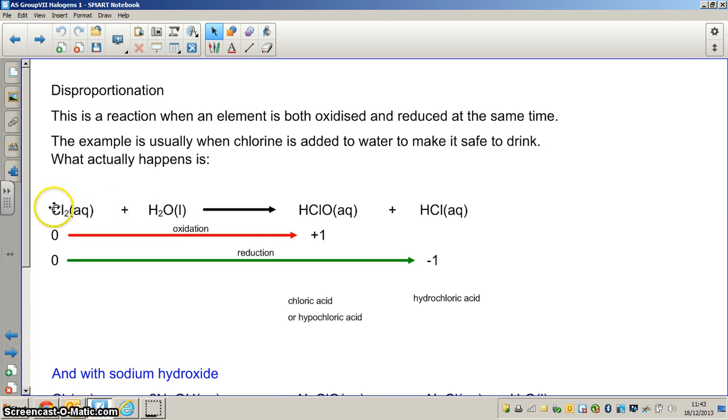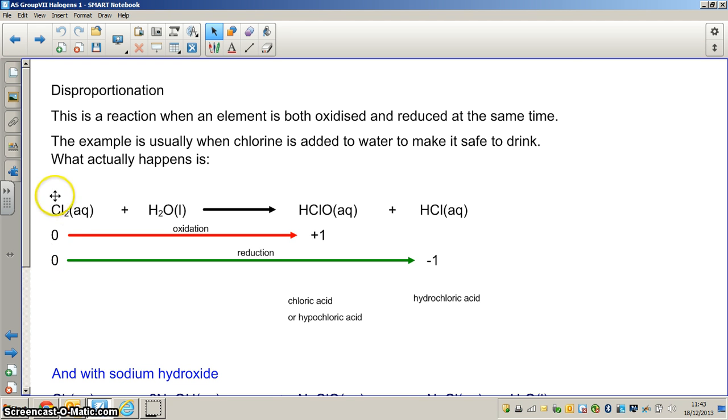So pictorially what I've done is I've represented the chlorine atoms in this chlorine molecule one underneath the other. So this is one of the chlorine atoms and this is the other chlorine atom. And we need to remember a little bit about oxidation and reduction, or redox reactions, now.